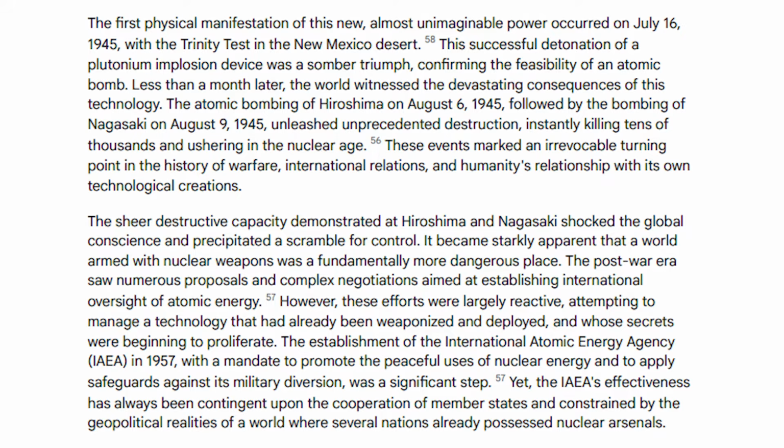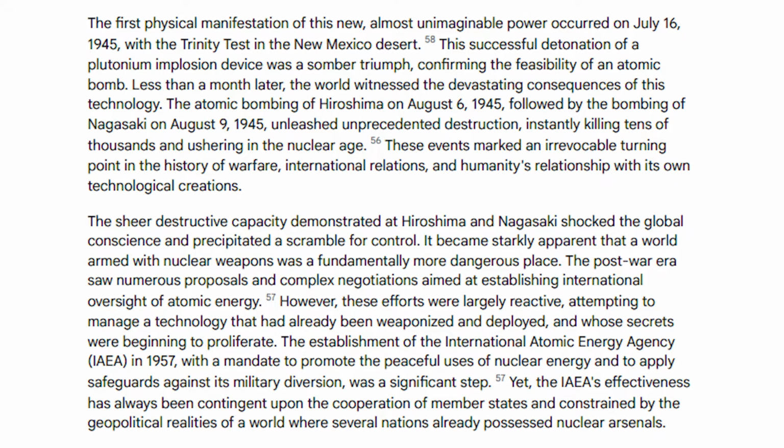Less than a month later, the world witnessed the devastating consequences of this technology. The atomic bombing of Hiroshima on August 6, 1945, followed by the bombing of Nagasaki on August 9, 1945, unleashed unprecedented destruction, instantly killing tens of thousands and ushering in the nuclear age.